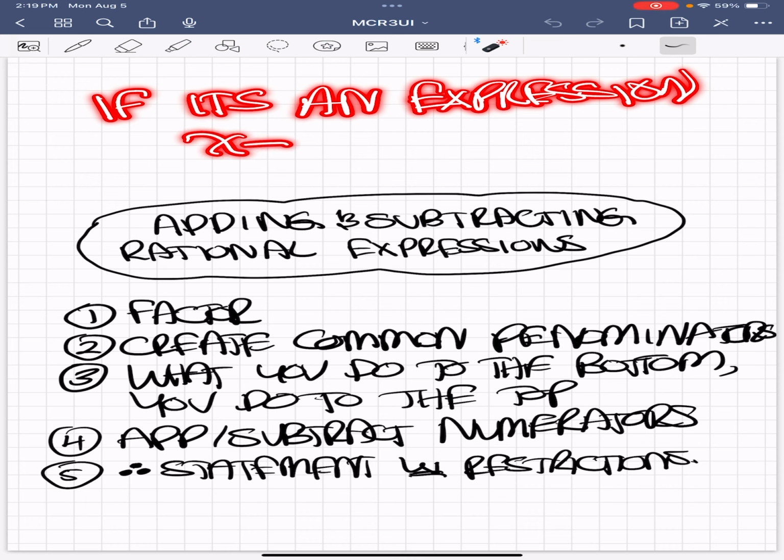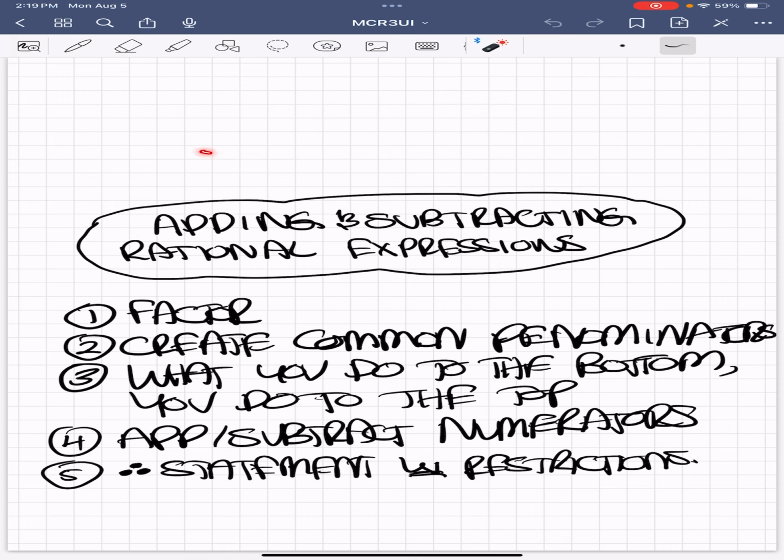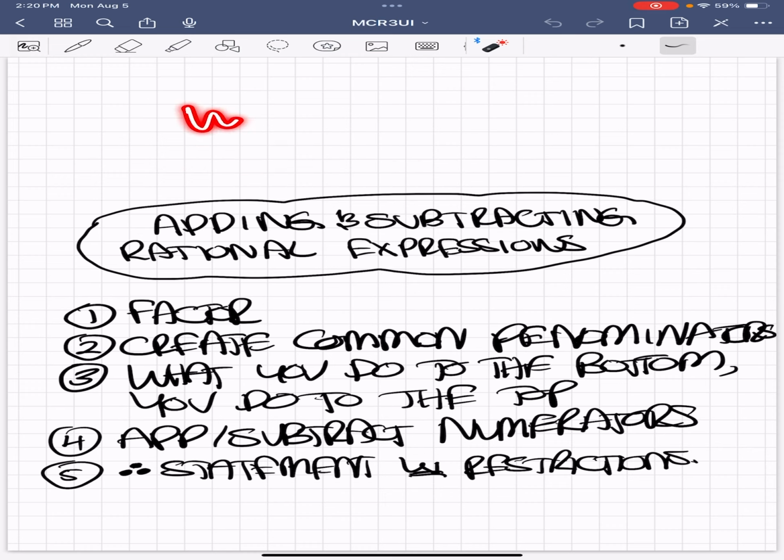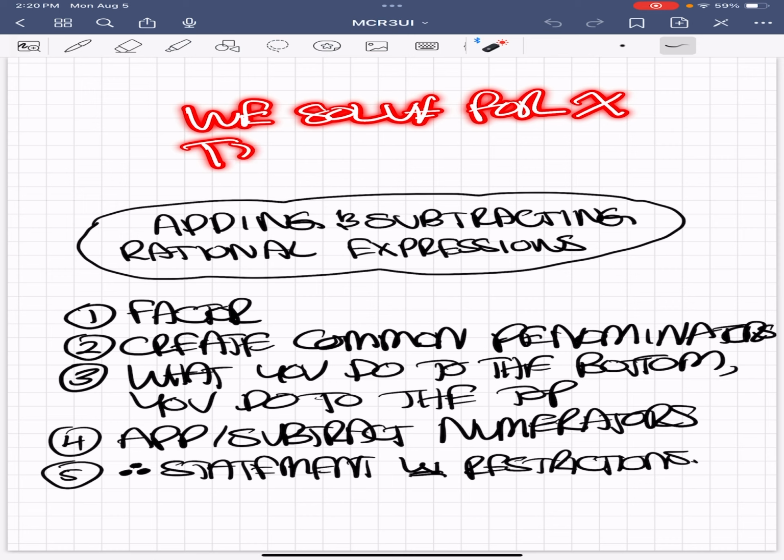So if it's x minus 5, x cannot be 5. If it's 2x minus 1, then x cannot be 1 over 2. So we solve for x to get the restriction. And there'll be more on this later.